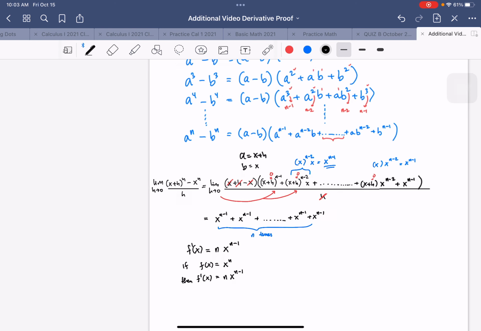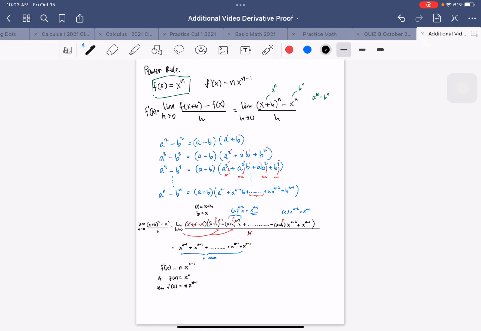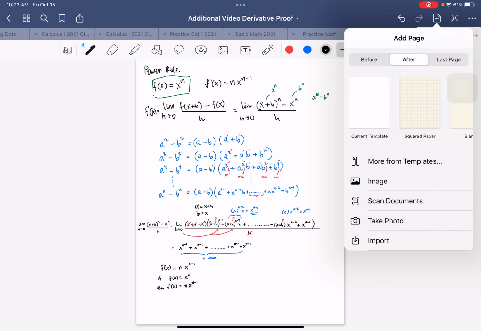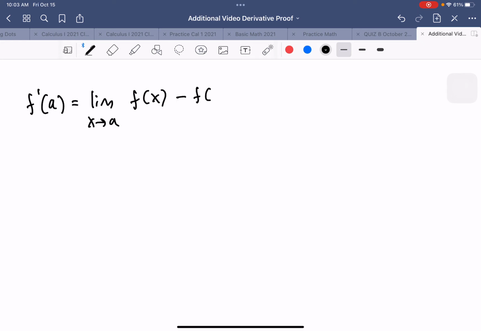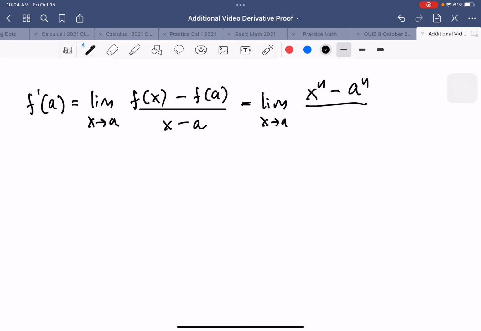Okay, another form to check whether this is true or not, we can also check with the other form. Let's say we have this. And then we can also check when it is x with the power of n.